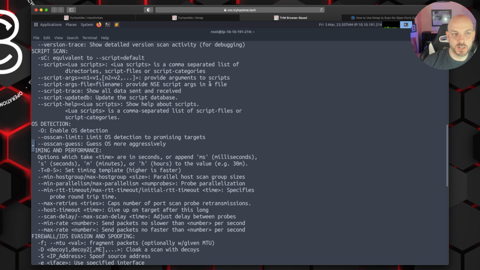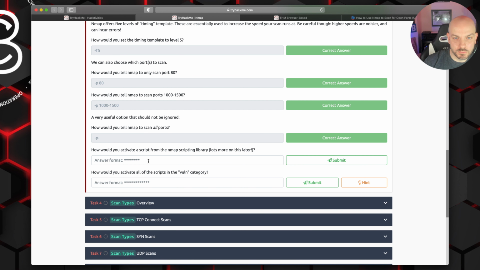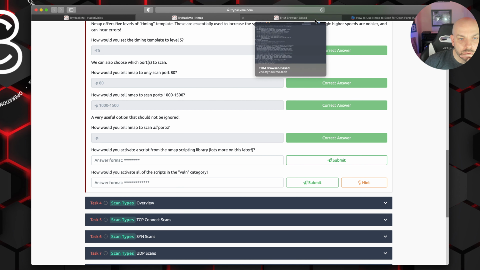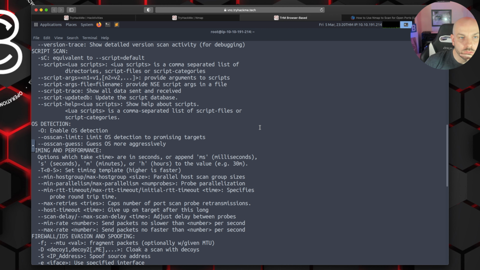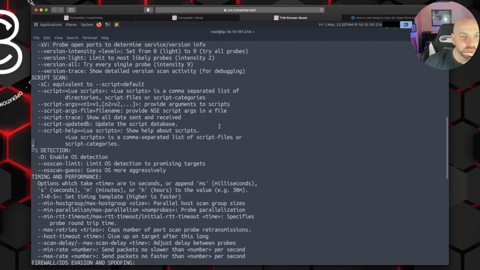So that's going to be -S capital C. No. Activate a script for the NMAP. Google for the win. How would you activate?